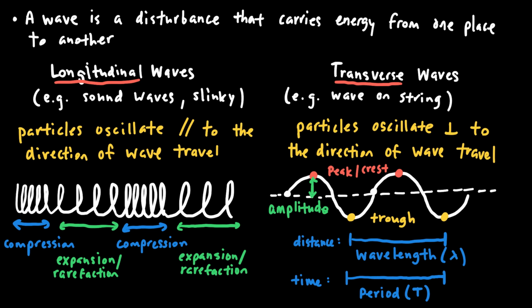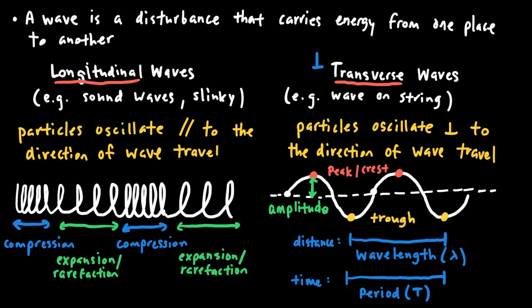A transverse wave, on the other hand, is like a wave that we typically think of, like on a string. And the difference here is that the particles oscillate perpendicularly to the direction of the wave travel. And the mnemonic that I use to remember this is that the letter T upside down looks like a perpendicular symbol. And so we remember that the particles of a transverse wave oscillate perpendicularly to the direction of wave travel.